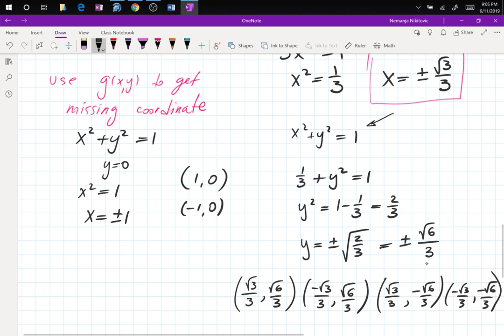Is it all the bumps within the stencil? No, only on the edge, because your constraint is x squared plus y squared. If you want to know the stuff inside, you use the previous section for min and max. This section is with the constraint, so you have to be on the edge.